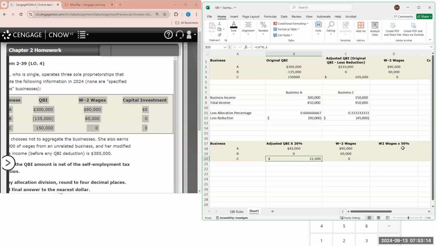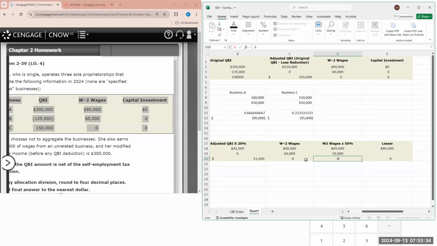And now we compare these. What's 50% of the W-2 wages? 90,000 multiplied by 50% gives us 45,000. W-2 wages for business B multiplied by 50%, and 50% of 0 is 0.